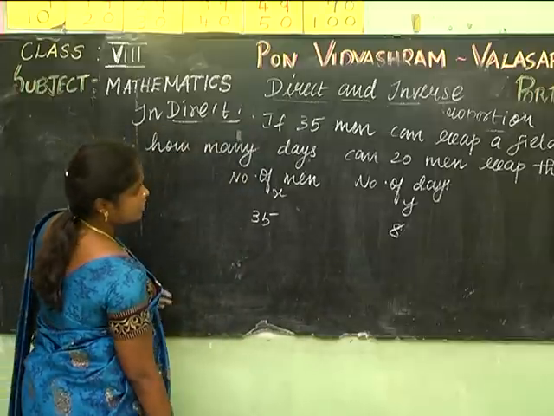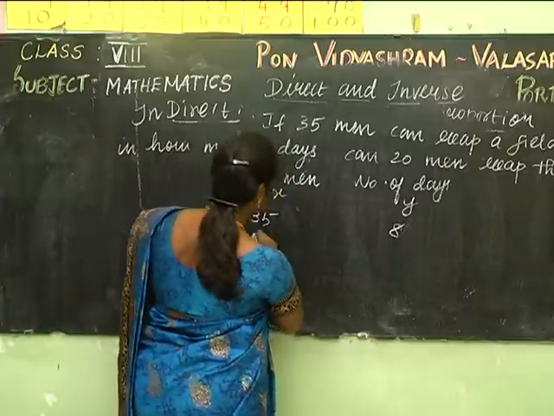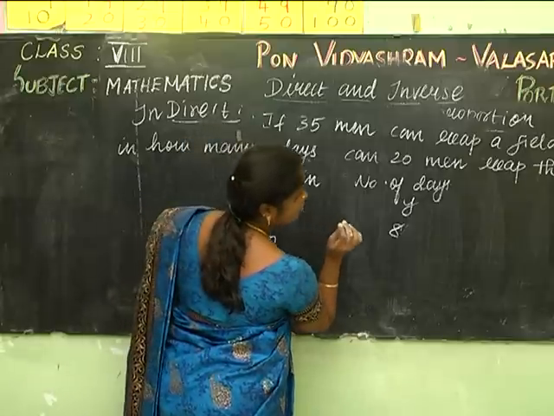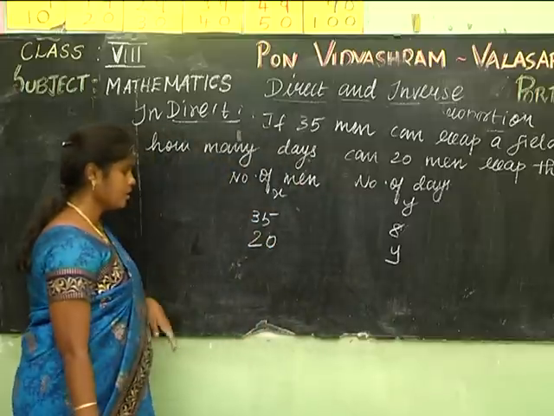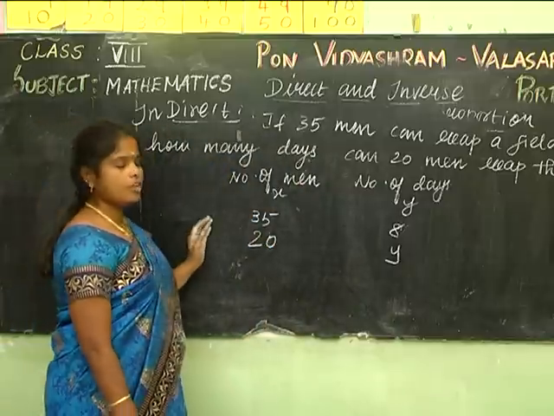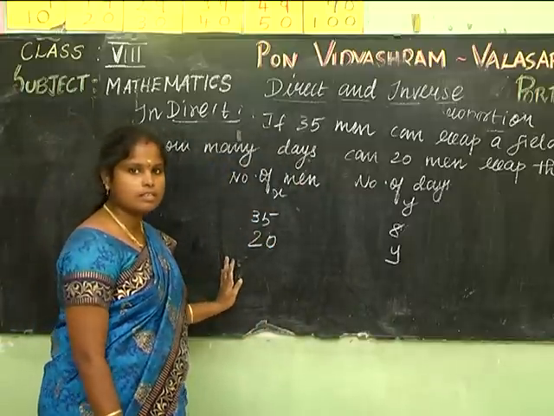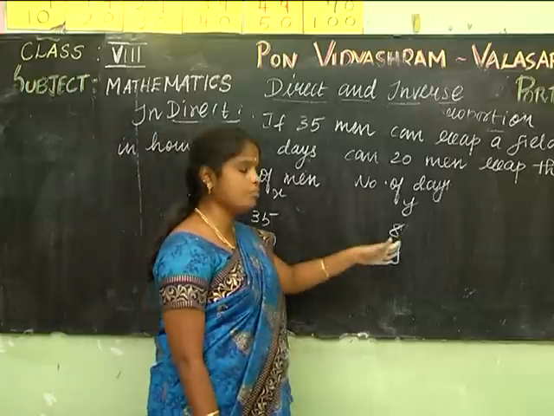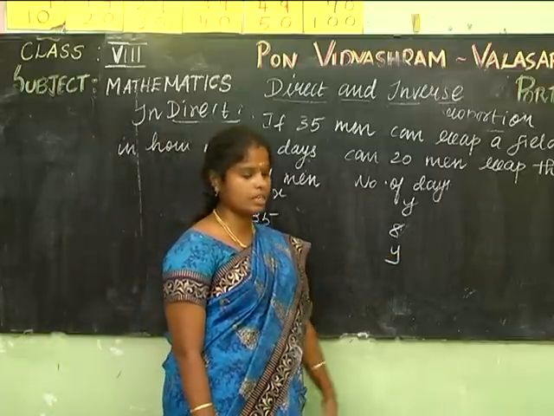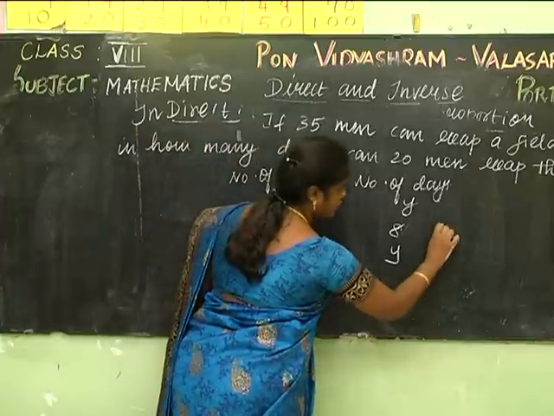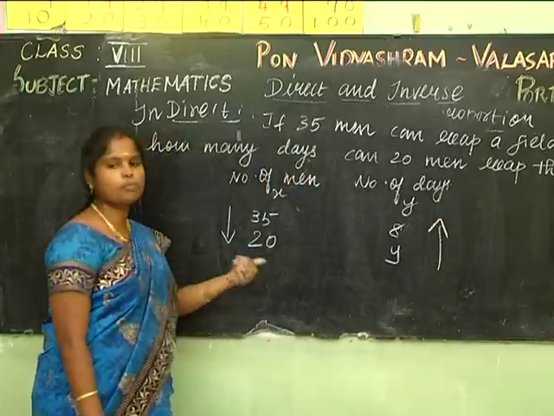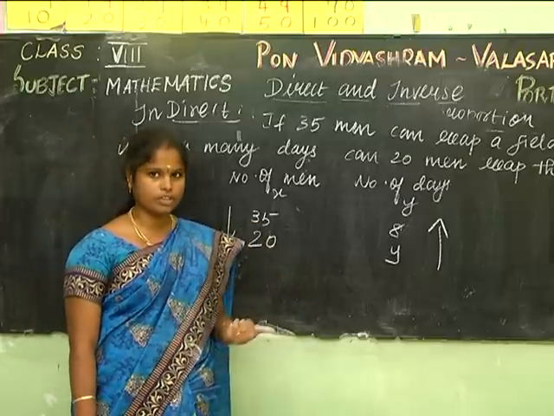In how many days can 20 men reap the same field? So we'll mark the unknown as y. We know that when the number of men decreases, the time taken to complete the same work will increase. So when one quantity decreases, the other quantity increases. So this type of variation is called inverse variation.